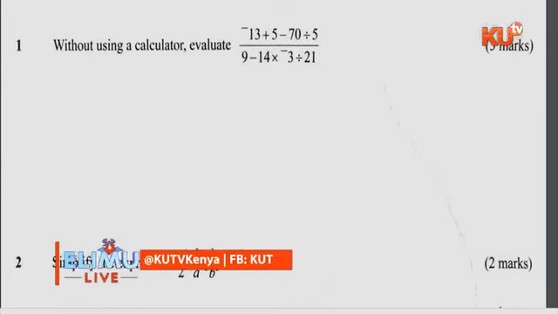How do you work out that question when you are given? Let's start, dear students, by first working out the numerator part. The numerator part is negative 13 plus 5.